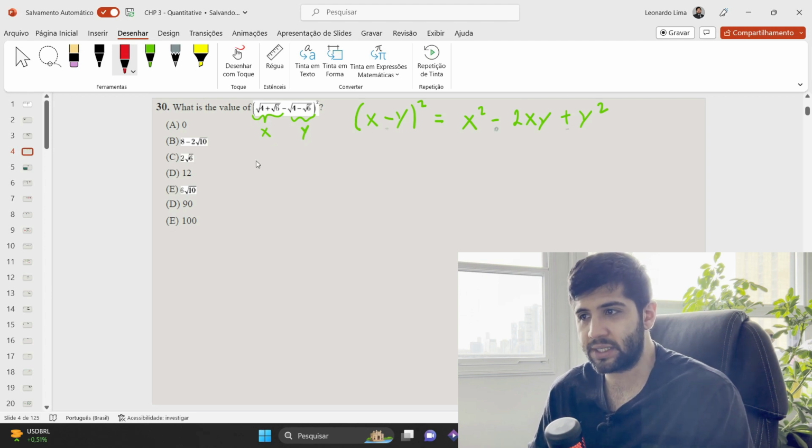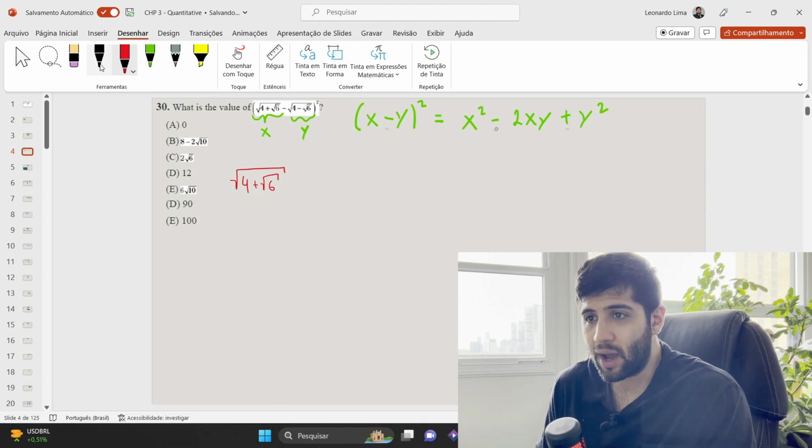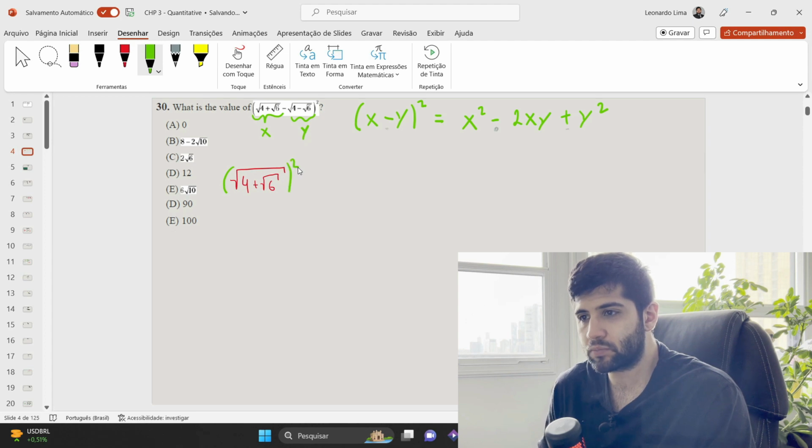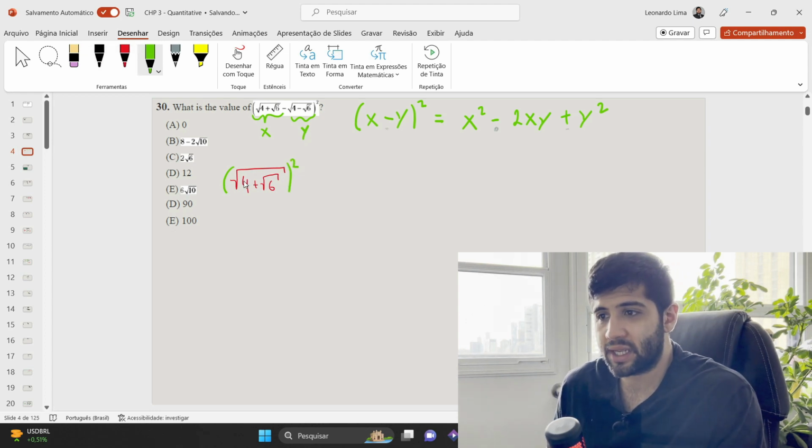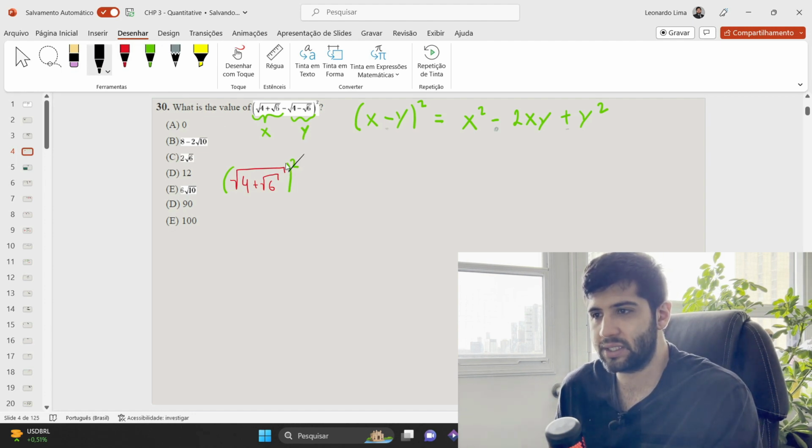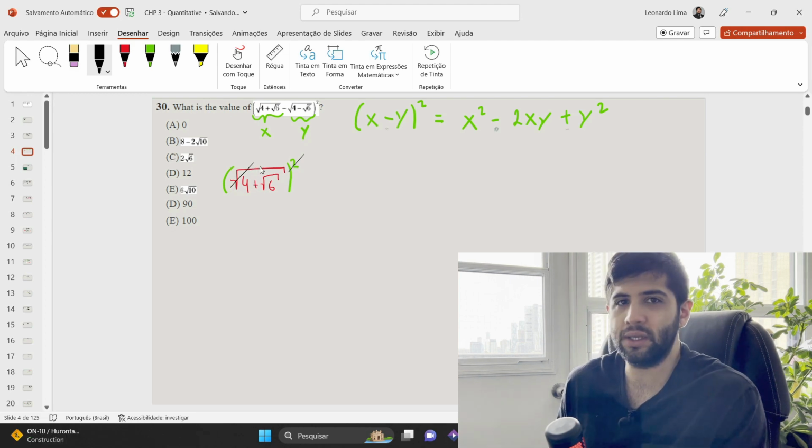So for the first part, I'm going to elevate to the second my x, and my x is the square root of 4 plus the square root of 6, and now I'm going to put a square here. So in this way, since here it's the square root, and I'm going to elevate to the second, then I can cut both, right? So I can cut this one with this one.